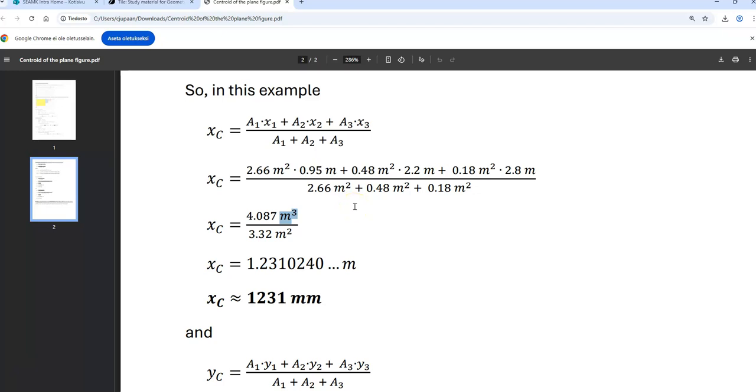Actually that is not any volume, even though the unit is the same as volume has, but it is not the same thing. There are many concepts in physics or mechanics where we have the same units with totally different phenomena. For example, this cubic meters is one example.